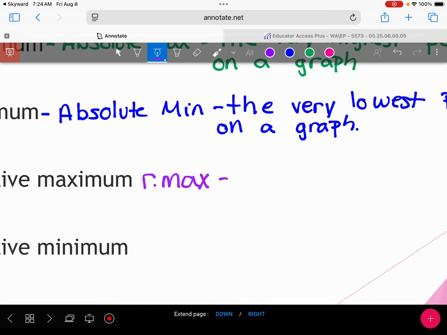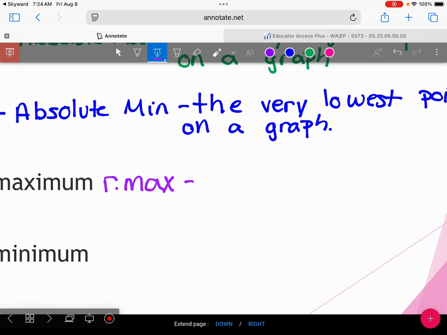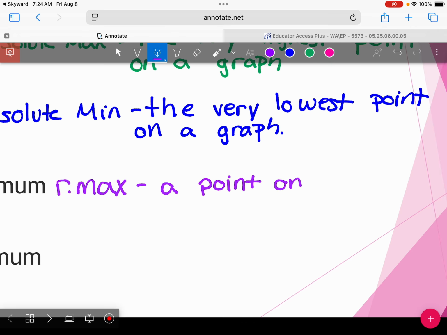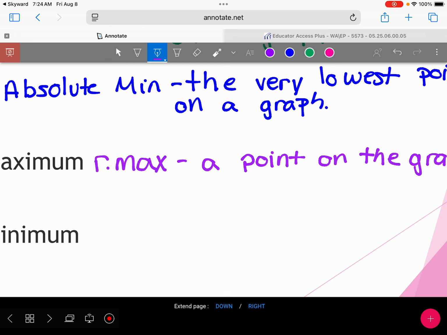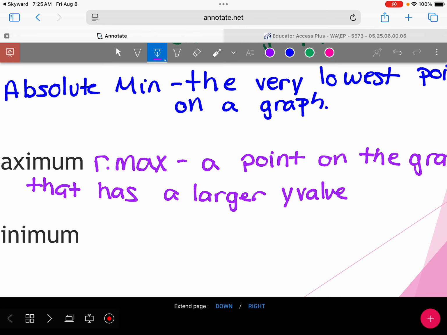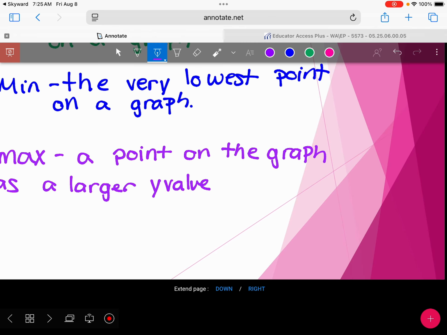So our relative maximum is a point on the graph that has a larger y value than the points to either side, than either of its neighbors.